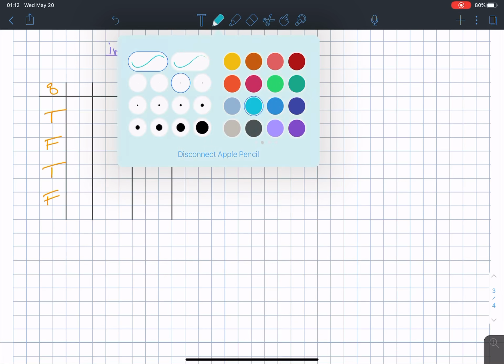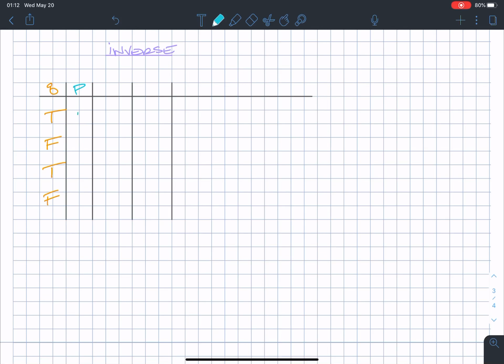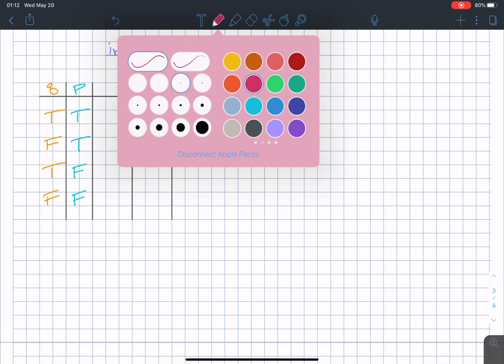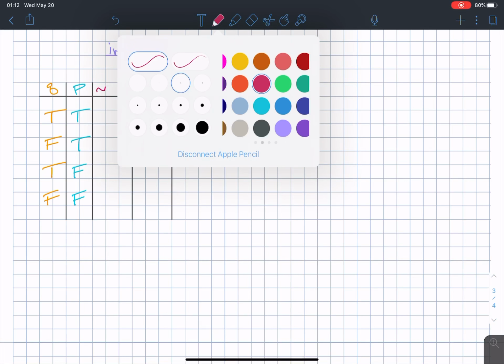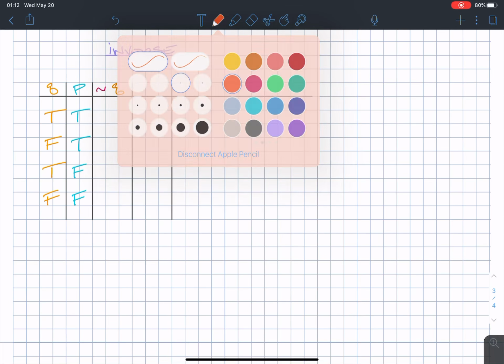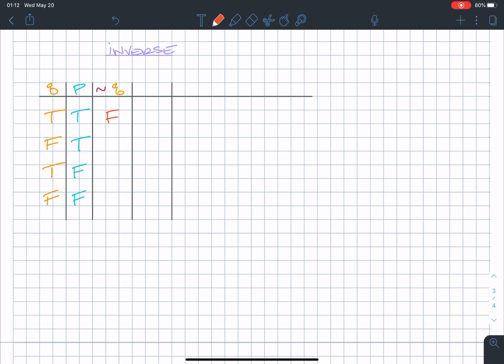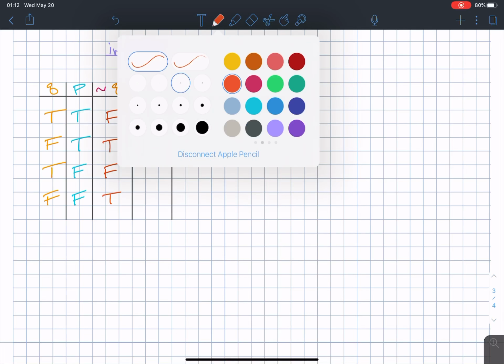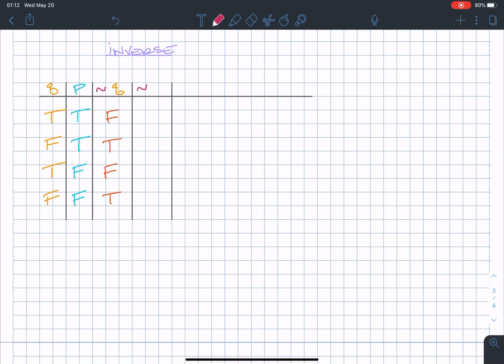Then P second, which is true, true, false, false. Now not Q: I negate Q, so I get false, true, false, true. And not P: I negate P, so it's false, false, true, true.